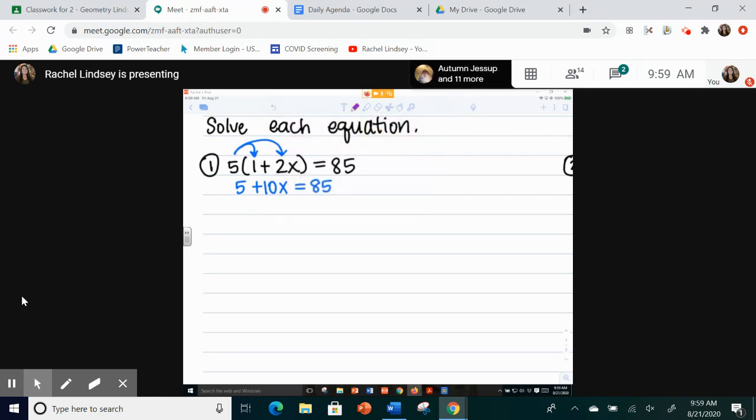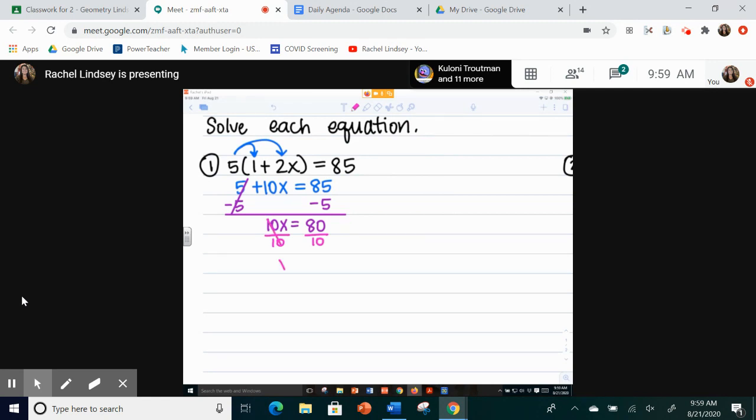Now what would my next step be? Subtract the 5 from both sides. So I have 10x equals 80. And then what would I do? Divide the 10 on both sides.